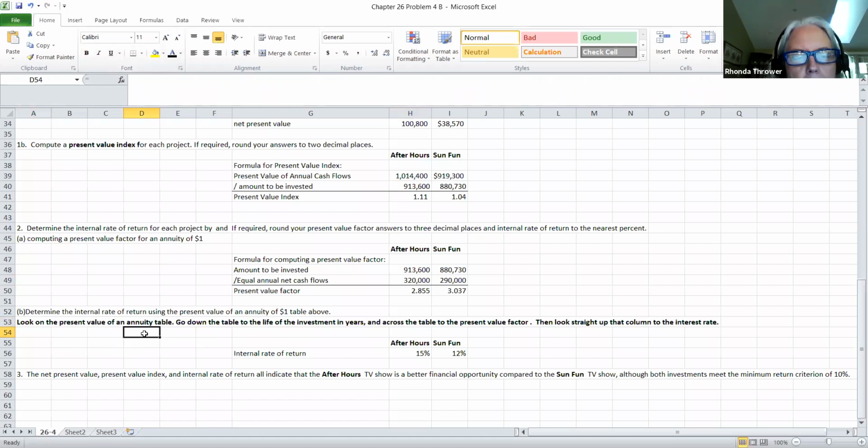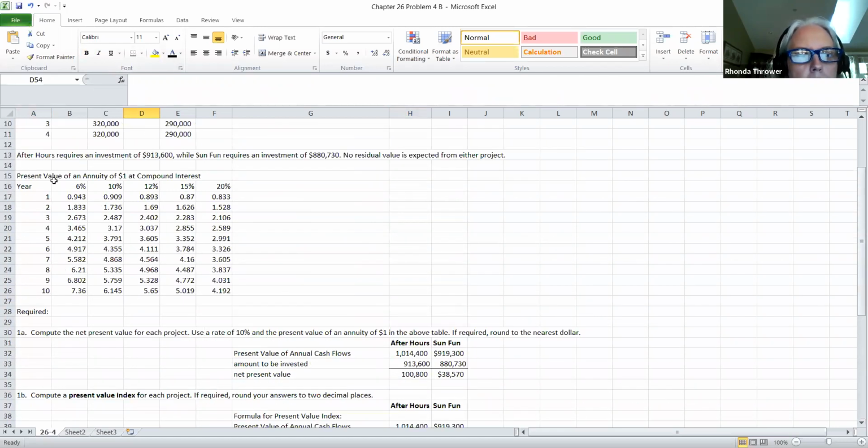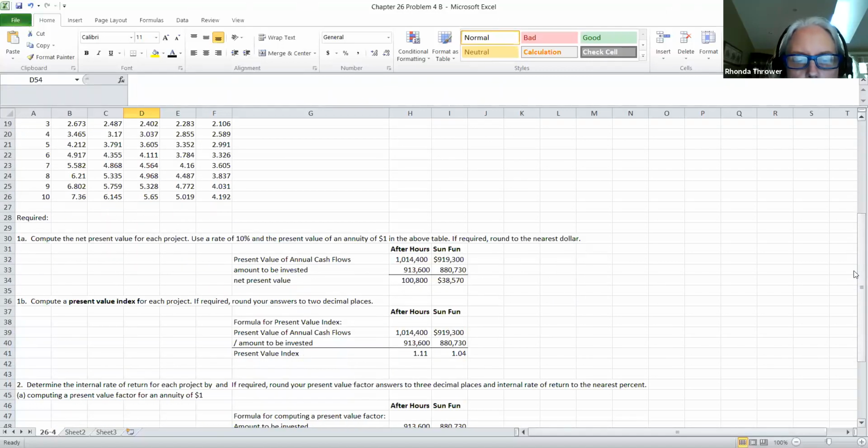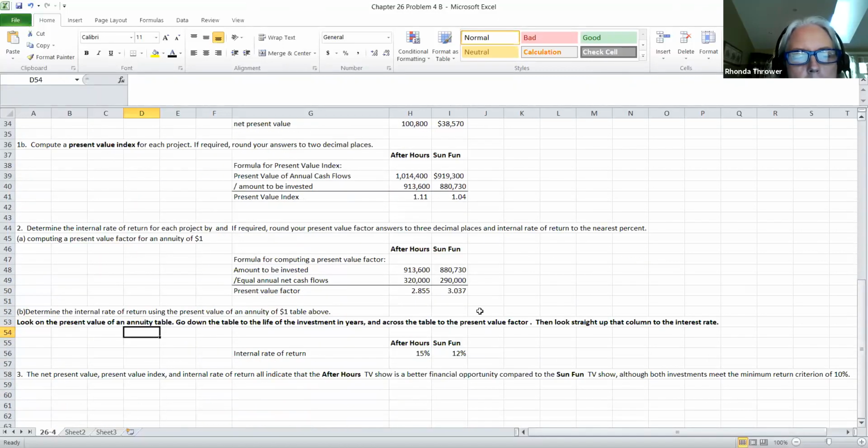Look on the present value of the annuity table. That's the only one they've got listed up here. But make sure you see in the title that it's the annuity table that you're using, because sometimes they'll give you the present value of the lump sum table, and you want to make sure you're using the annuity table on this. And then you're going to go down the table to the life of the investment in years.